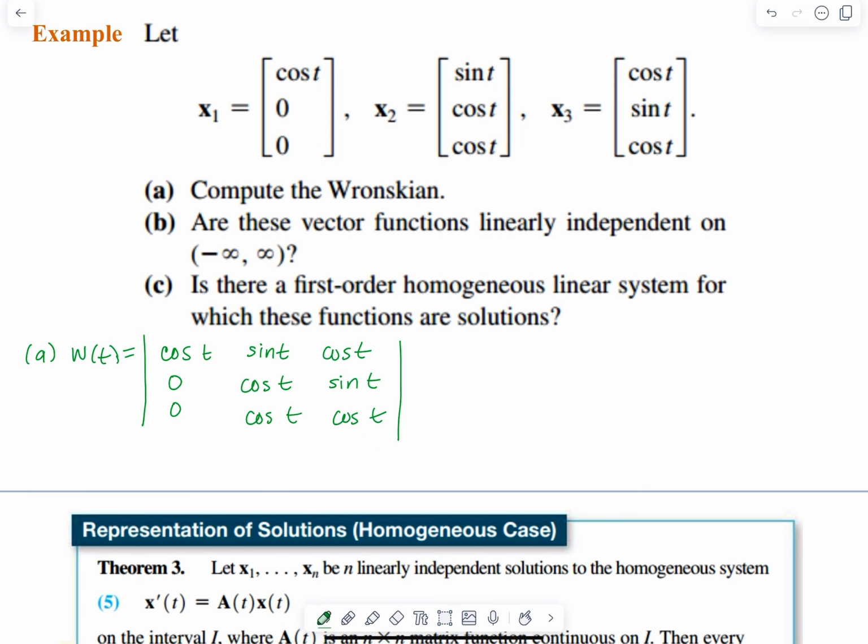And then, of course, that's equal to cosine of t, and then alternating.